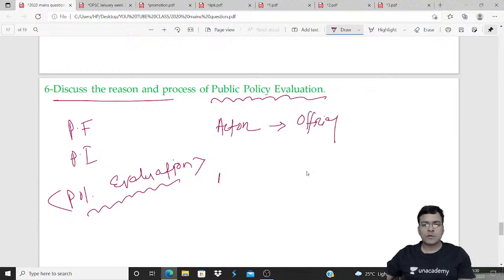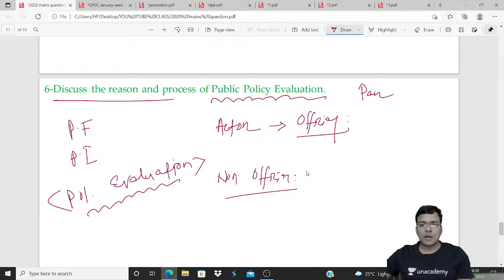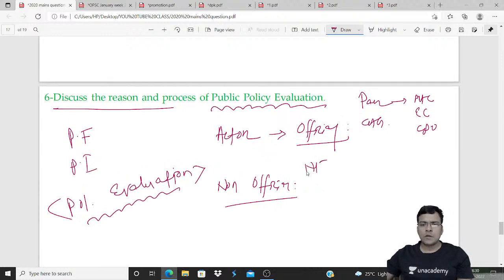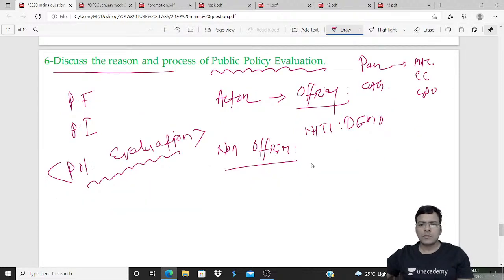official actor, non-official actor. And we have discussed in class parliament, CAG, and all committees, parliament committee, PSC, EC, CVC. NITI Aayog, organization of NITI.